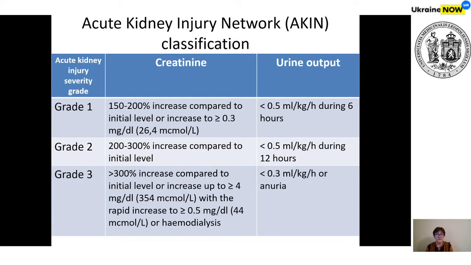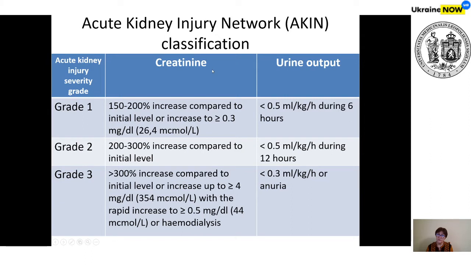For grading the severity of acute kidney injury, the classification by the Acute Kidney Injury Network, abbreviated AKIN classification, is used. According to this classification, there are three grades of acute kidney injury severity. Grade 1 is based on the rate of increase in plasma creatinine level and urine output.